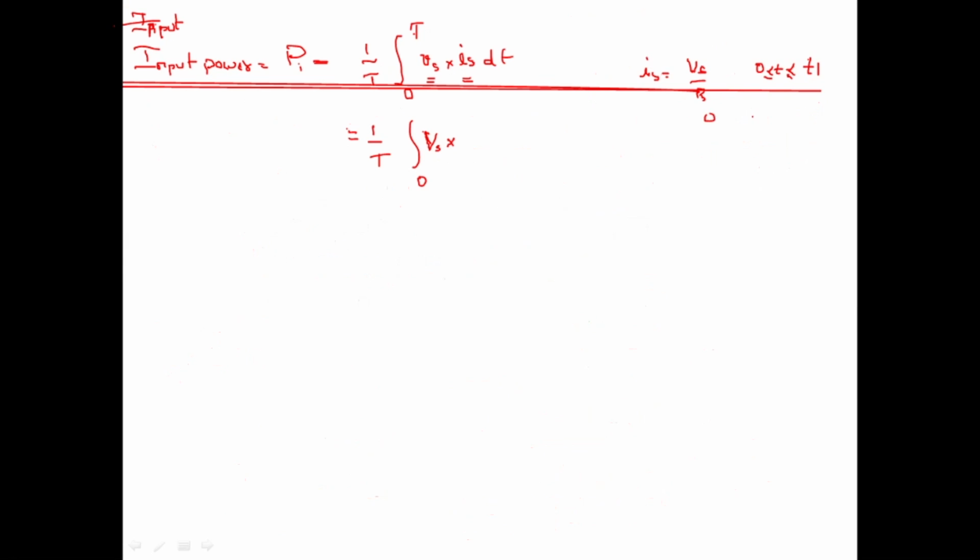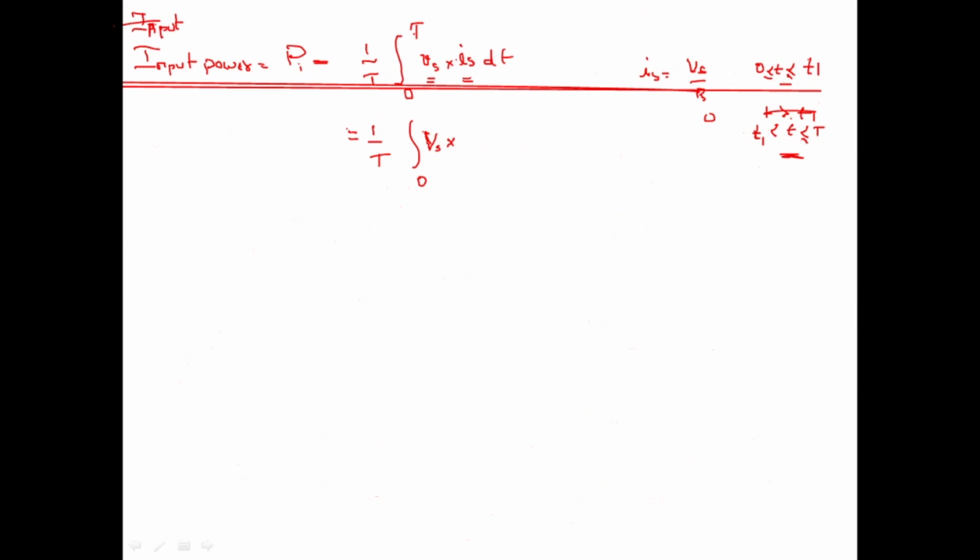And Is is 0 when t is greater than t1 and less than or equal to T. This is the off time. That's the reason Is has a non-zero value only during the on time and zero during the off time.